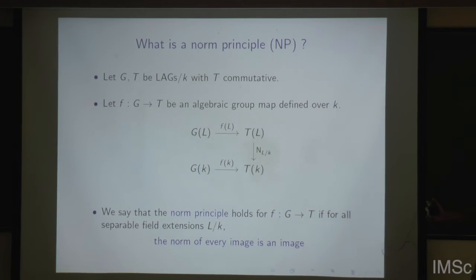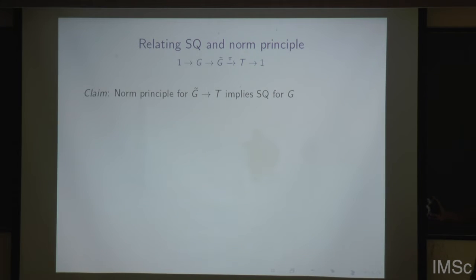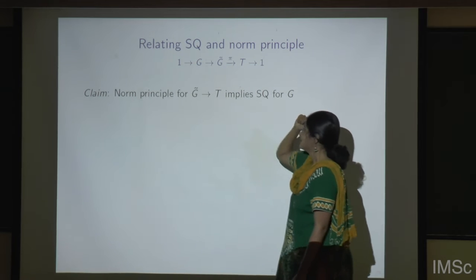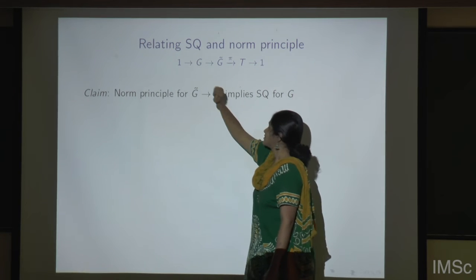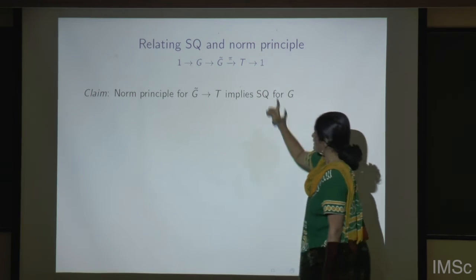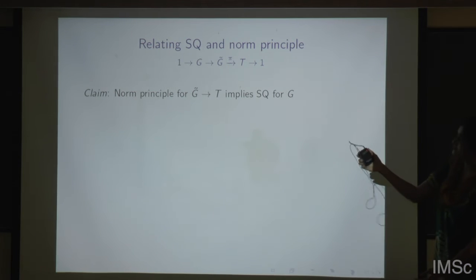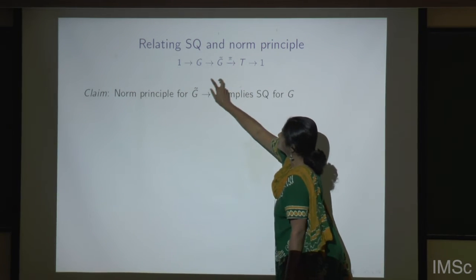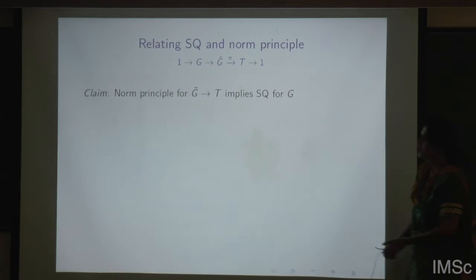Again, remember Serre's question was ultimately a question about kernels, and the norm principle is about images, and now you begin to see why it works. Because you've got this short exact sequence G tilde to T. I want to answer Serre's question for G. I know it for G tilde, but the punchline is that the norm principle for this map G tilde to T will imply Serre's question for G. It's really a very elementary but beautiful diagram chase.